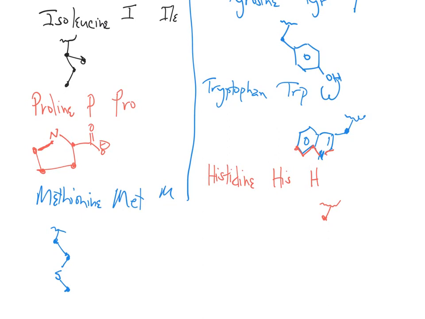Then it's the other one that reminds me of home plate for baseball. So this is what it looks like, which for your functional groups, it's an imidazole functional group.